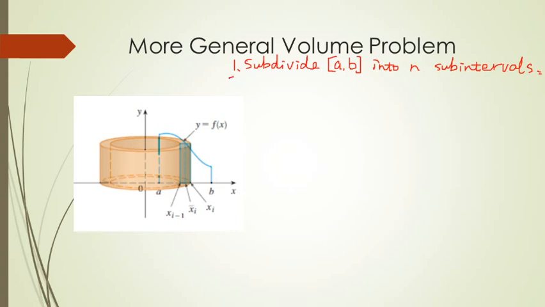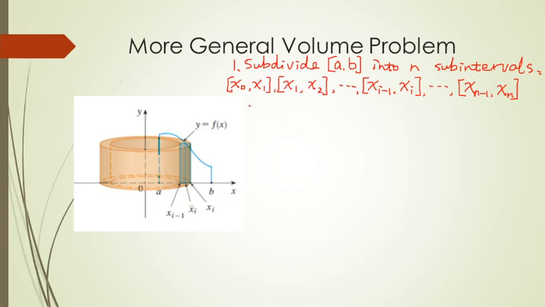So let a equal x0. The first is x0 to x1, and then x1 to x2, and then the i-th subinterval will be [x_{i-1}, x_i], up to x_{n-1} to x_n, the n-th subinterval, right? Like here.